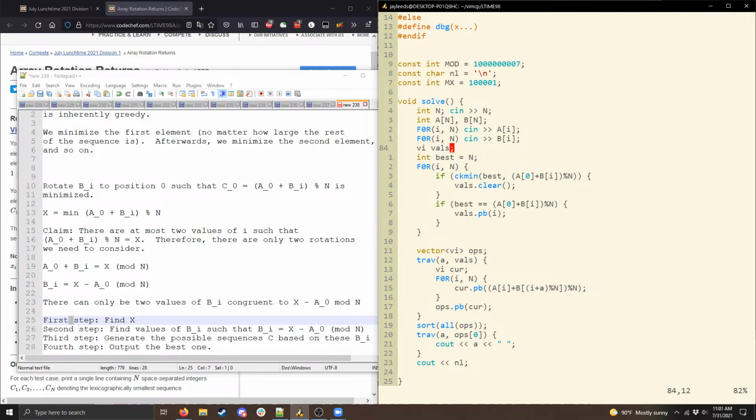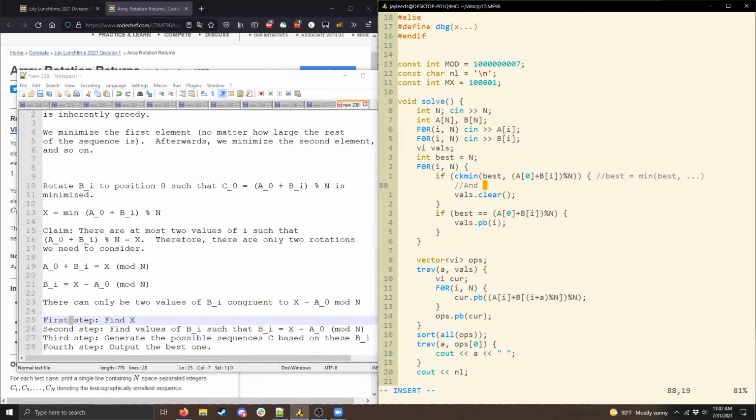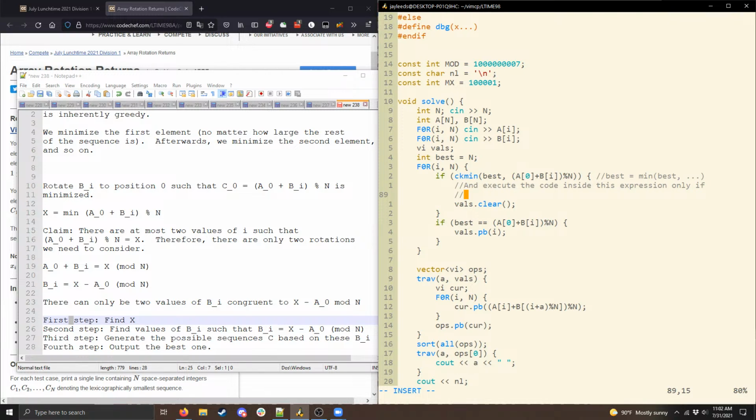And so what I'm doing is, first of all, I set best to the minimum of best and that math thing, and execute the code inside this expression only if the value is actually less than best.